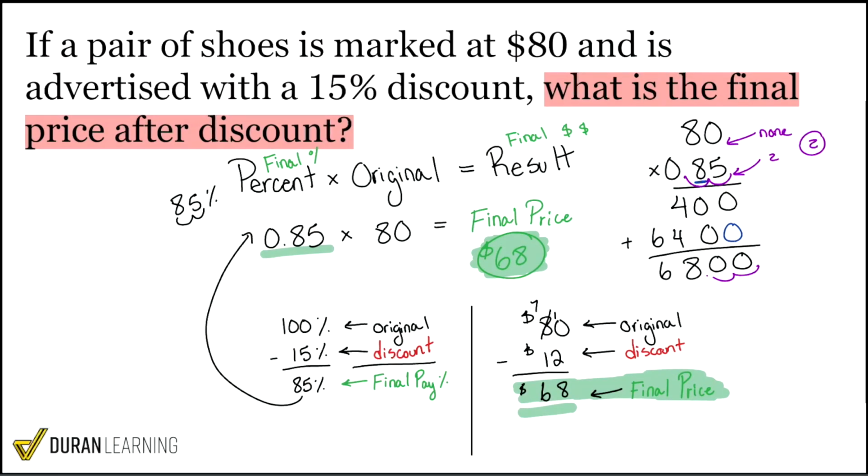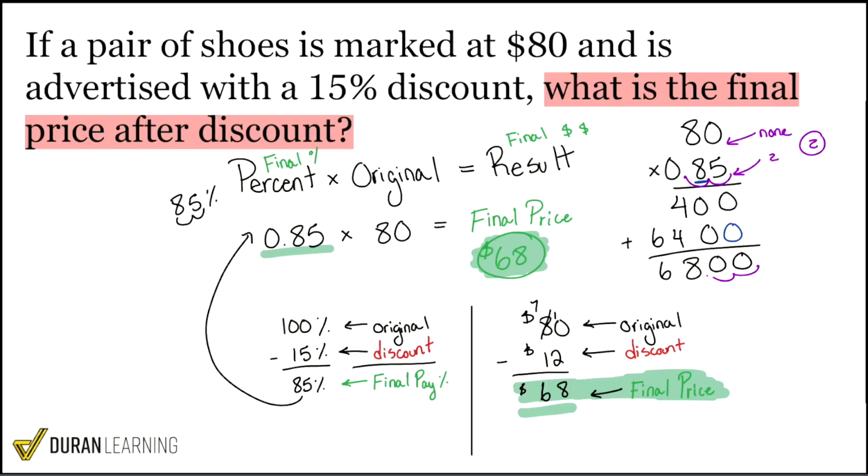If you're trying to find that final price after the discount, instead of finding the amount of the discount and then subtracting it to get the final price, you really just have to go ahead and do it in one shot. You can do it in one shot by remembering that the percent you apply and the result that you get are the same thing.